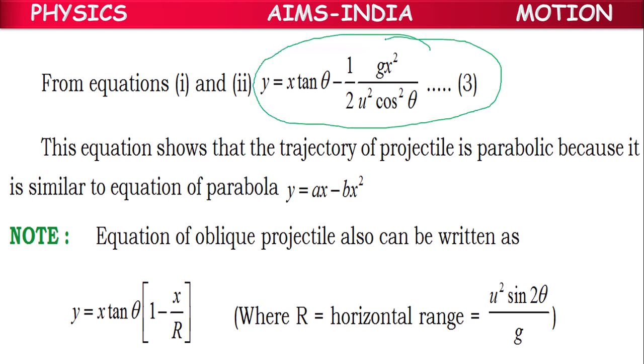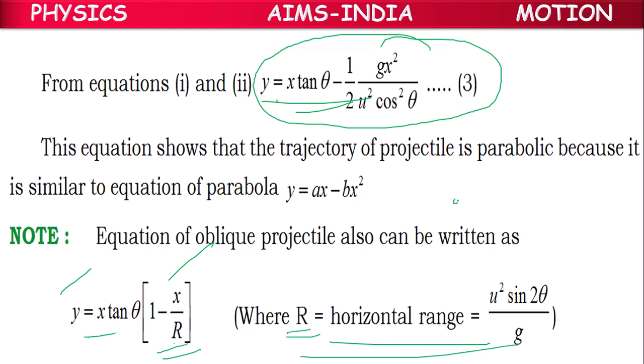This equation can also be written by taking x tan theta common. So y equal to x tan theta, with 1 minus x by r in the brackets, where r is the horizontal range. It means from here we have thrown the body, up to what point it has reached.